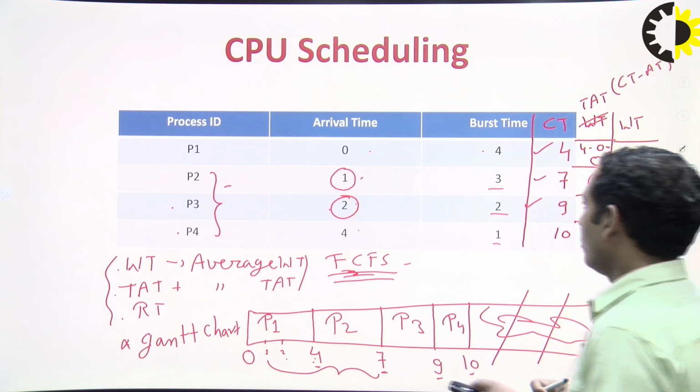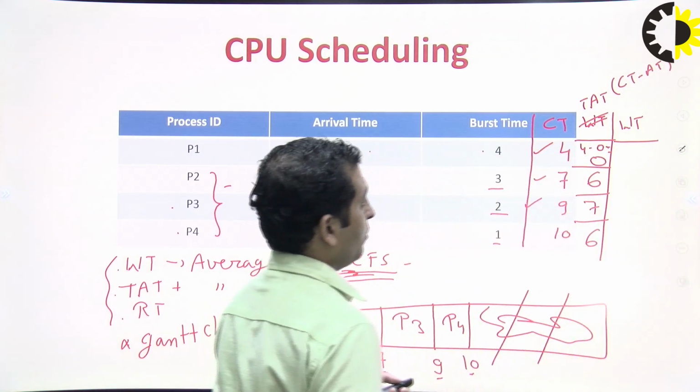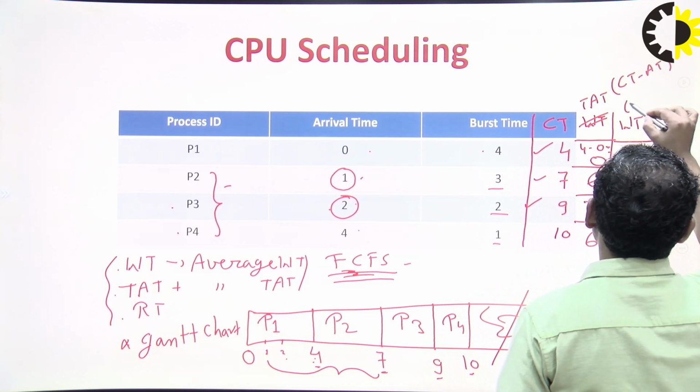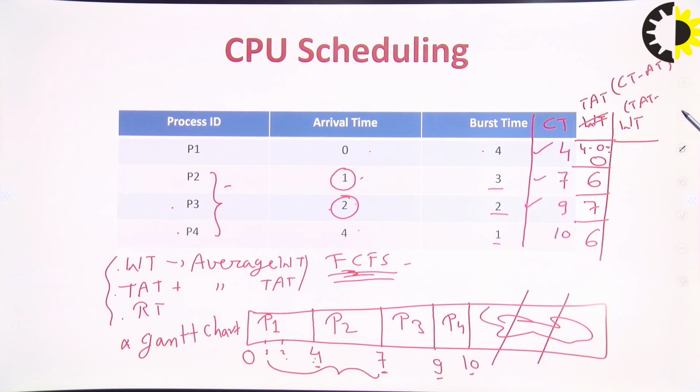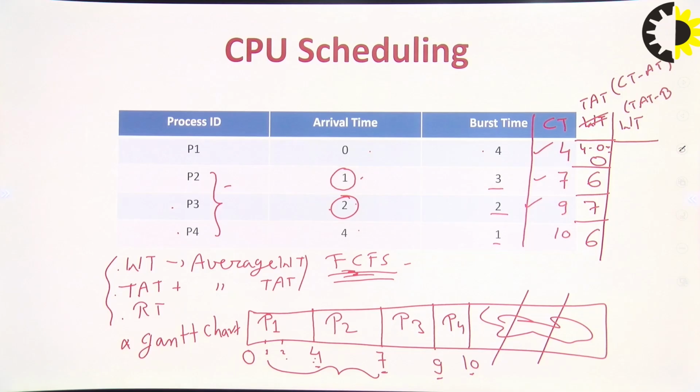Waiting time means the time the process spends in the system, that is TAT, minus the burst time.